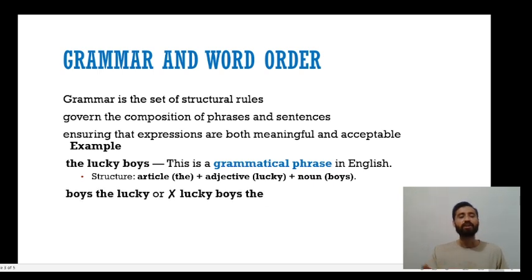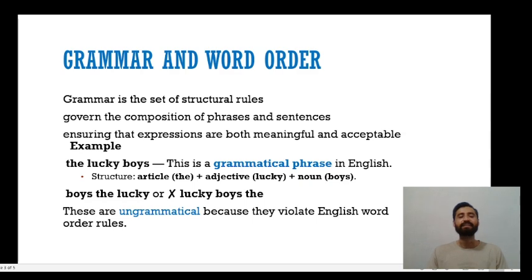If I change the positions of these word categories, "boy is the lucky" or "lucky boy is the," the structure is distorted, and I can say that these are ungrammatical because they violate English word order rules. So firstly, we have talked about what grammar is and why word order is really important.